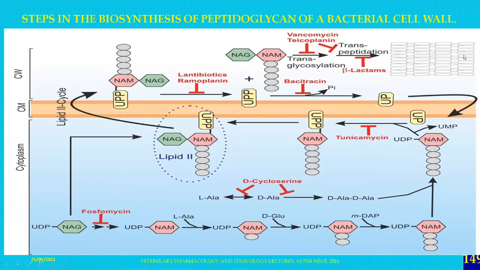Glucose enters the cell of a microorganism and is converted to UDP-N-acetylglucosamine, which later combines with UPP to form lipid II. Later the cycle continues with N-acetylmuramic acid and N-acetylglucosamine, which are formed and later converted to NAG, NAM and the transpeptidation process.